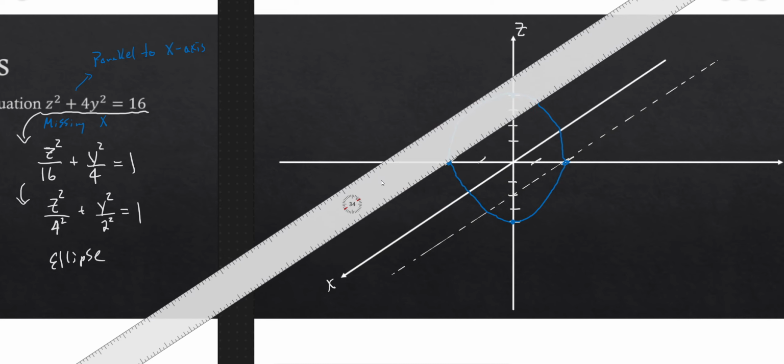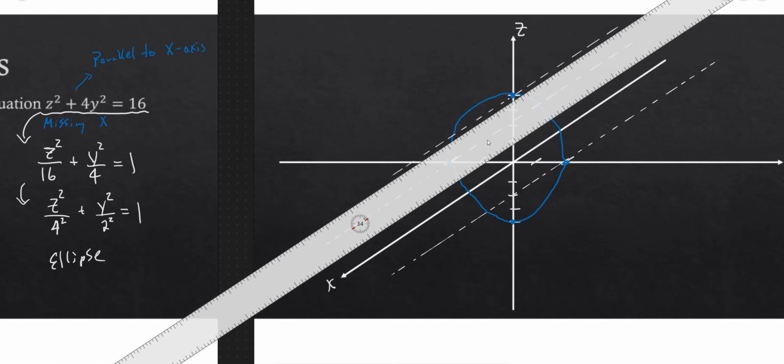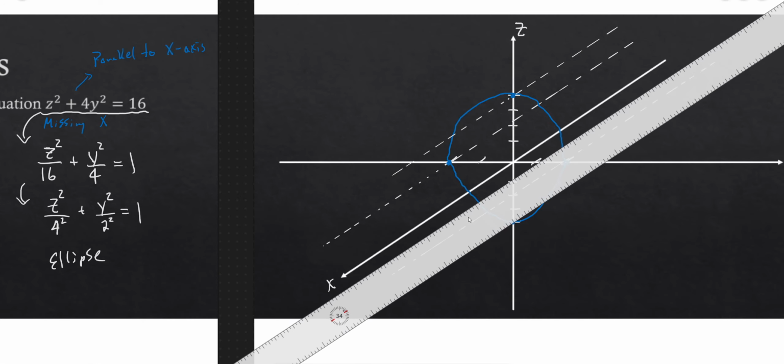I'll make those parallel lines, parallel to the x-axis. I'm going to do ones up here too. These are also parallel to the x-axis. That's the top line and the bottom line, the top and bottom bounds of my figure.